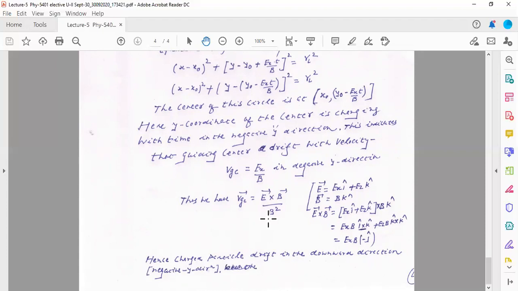And we will see that the guiding center is drifting in a negative y direction.